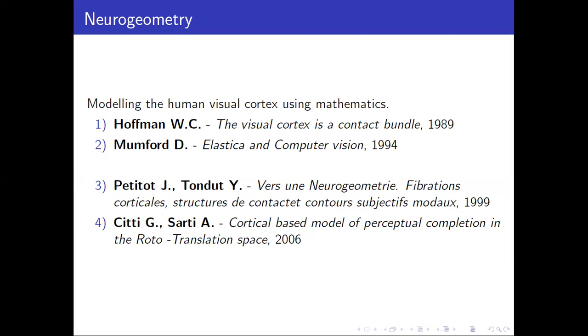The elastica curve was also studied by Euler, so it's a very old curve. I'm saying that these are the two pioneering people putting together mathematics and mathematical models of the visual cortex.